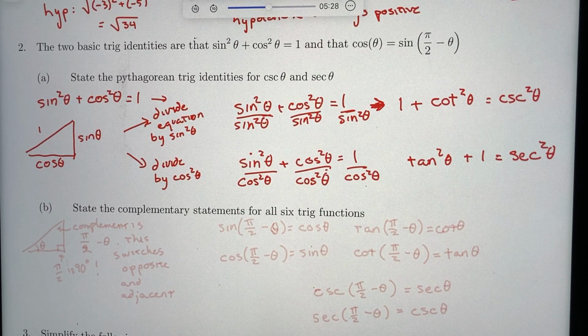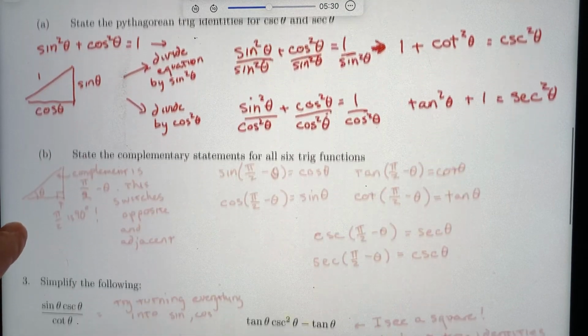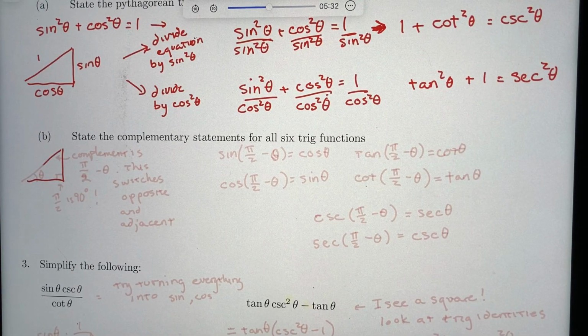Complementary statements. Let's just draw a little picture. If I have a right angle, I'm going to call it pi over 2. And I put in theta, then looking at theta and looking at the complement of the angle.